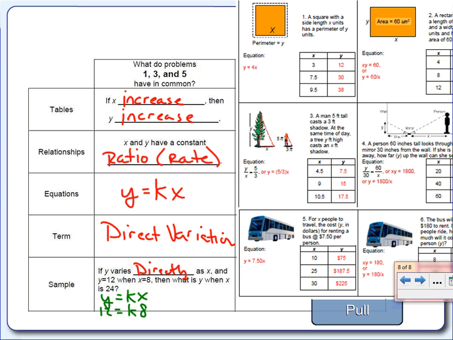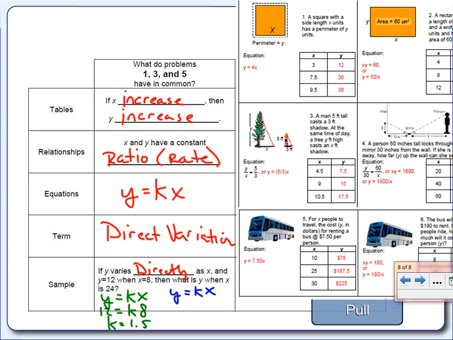Well, let's find it. If I want to know what k is, all I got to do is divide by 8. So what do you get when you do 12 divided by 8? 12 divided by 8 is 1.5. So now we know what that constant ratio is. So now we can actually answer the question. So let's do this again. Here's the equation that we're using because we are talking directly.